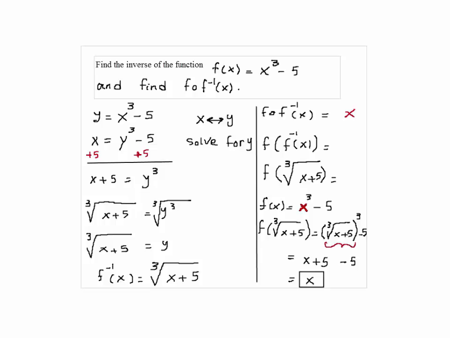So composition of any function with respect to its inverse should always be equal to x, and that's what we have. And that's another way to prove if two functions are inverse of each other. If you perform composition of the function with respect to the other function, if it turns out to be equal to x, then we can conclude from there that those two functions are inverse of each other.